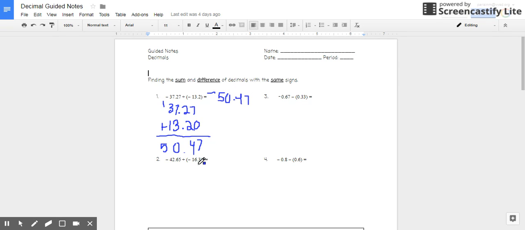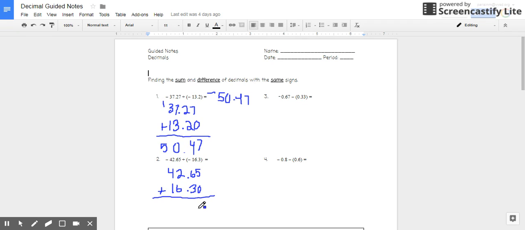Okay, looking at number 2. Again, we are adding two negatives together. So I'm going to add my decimals, 42 and 65/100 plus 16 and 3/10. Again, we can add that 0 at the end to fill in the hundredths place.